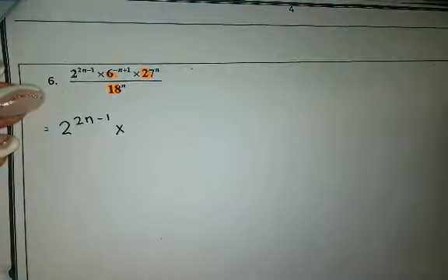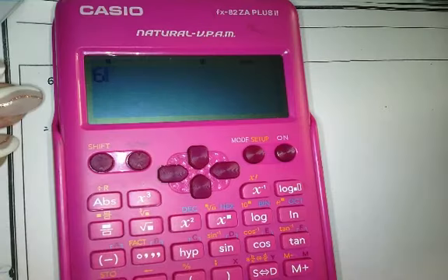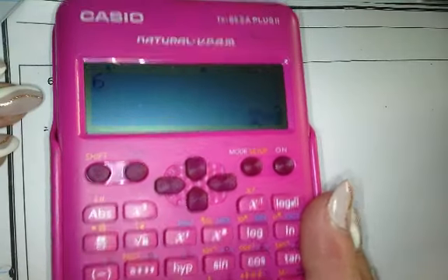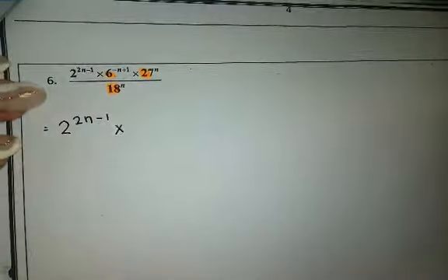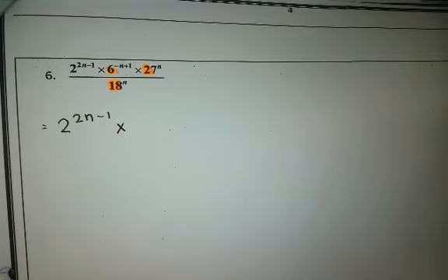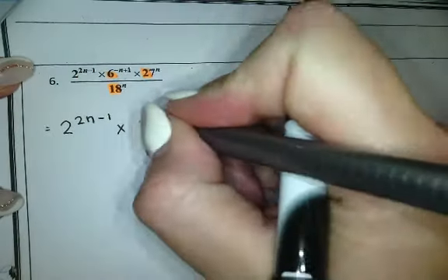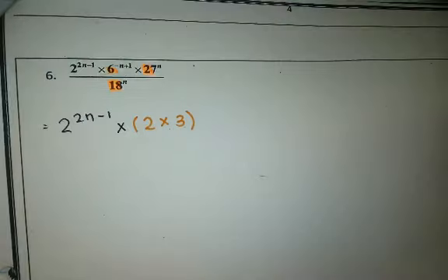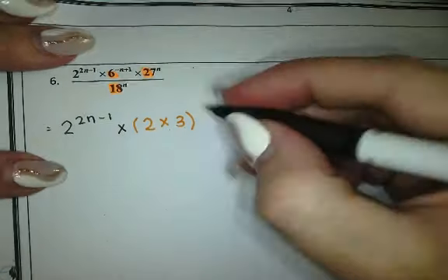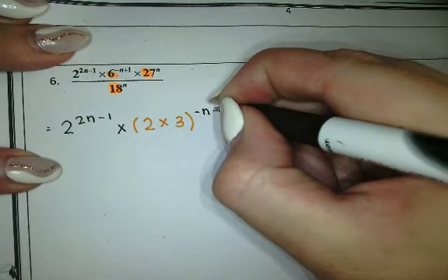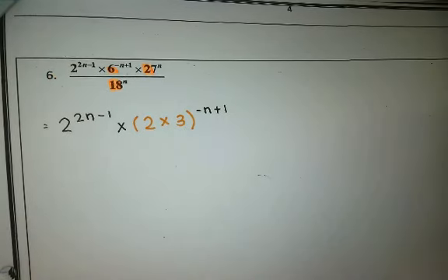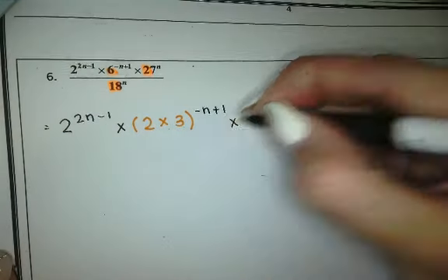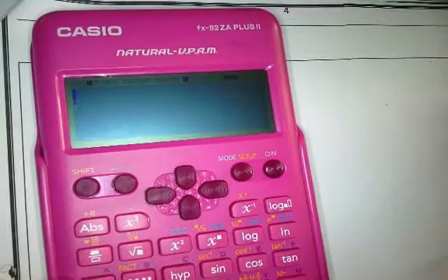So we're going to have 2 to the power of 2n minus 1 times 6 equals, shift factor: it's going to be 2 times 3, but we keep it in brackets. So 2 times 3 to the power of negative n plus 1.